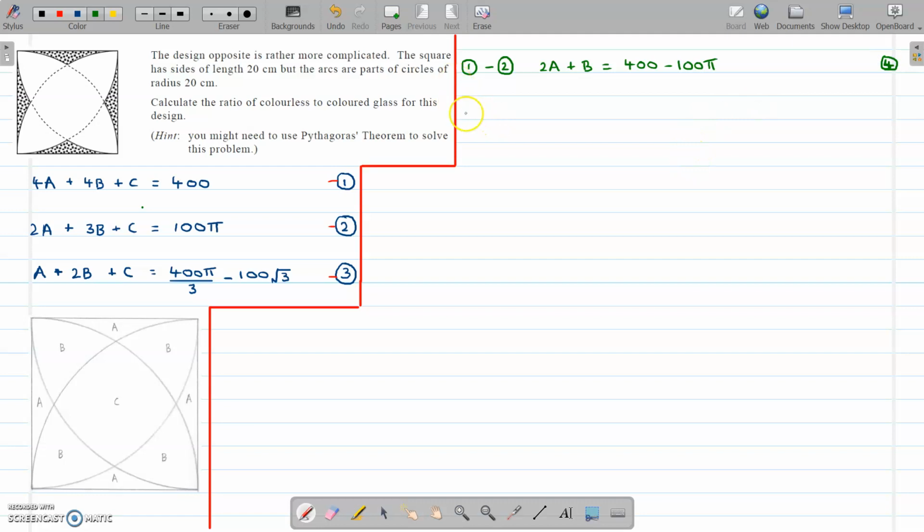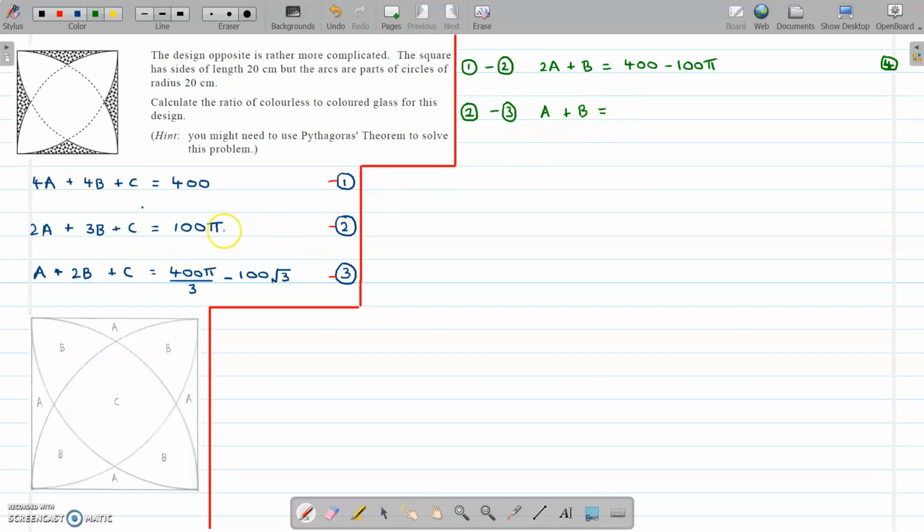Now we're going to create another equation by subtracting from equation 2, equation 3. That will also eliminate C and give me an equation that only contains 2 variables, A and B. 2a take away a is a. 3b take away 2b leaves me with just 1b. And the c take away c is 0.